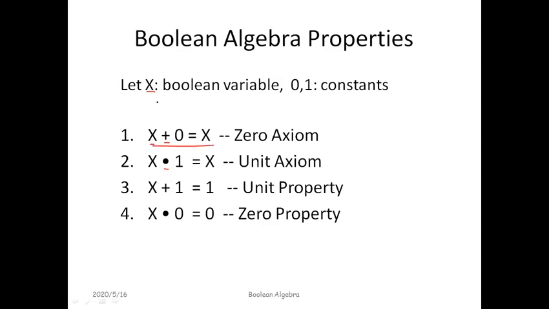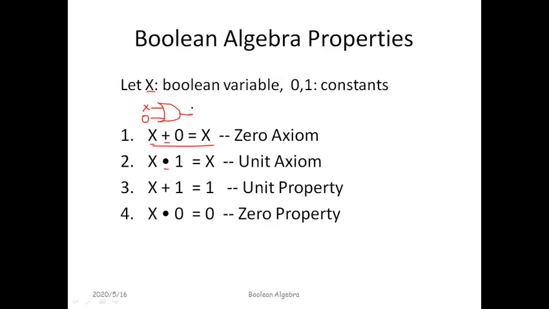Let's put a circuit here. Maybe this will make us understand. We put a logic circuit actually. So let's say this is x and this is a 0.